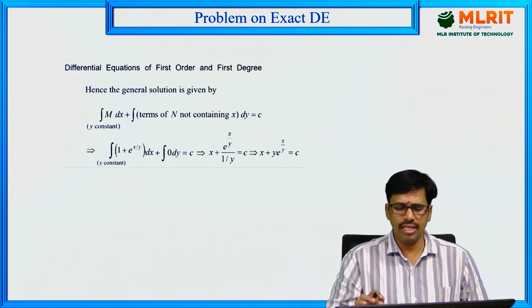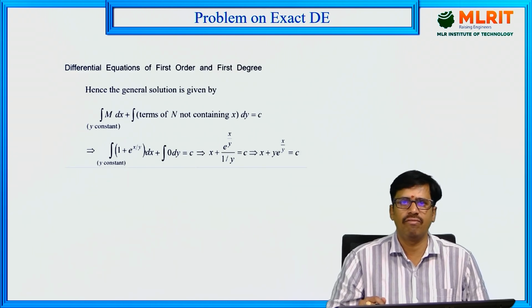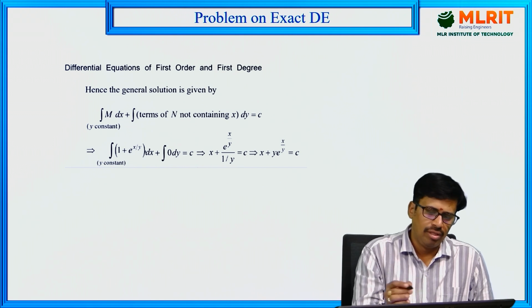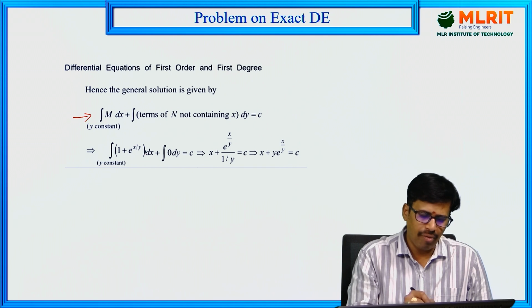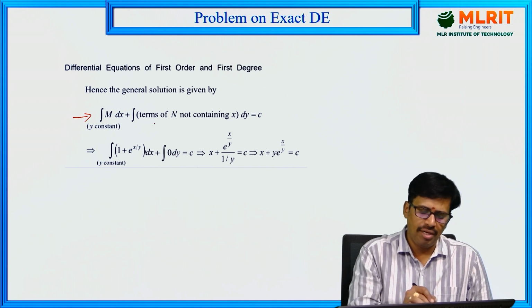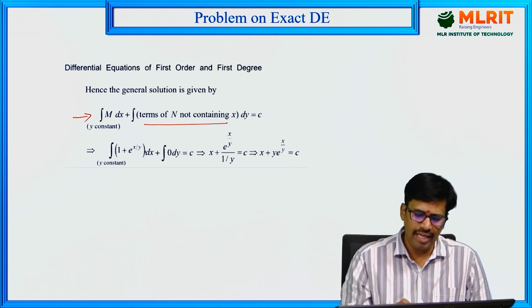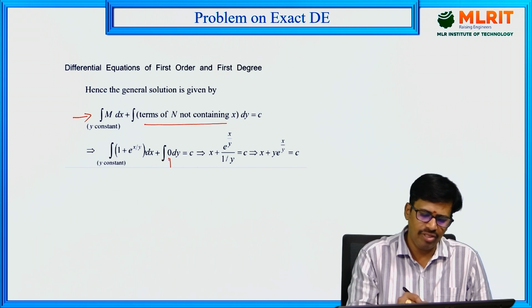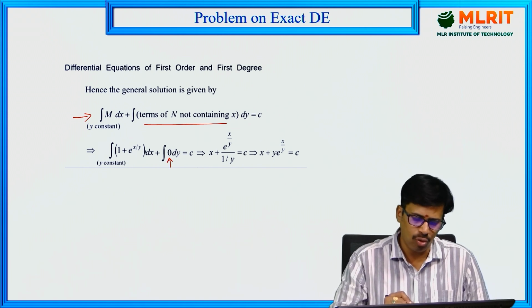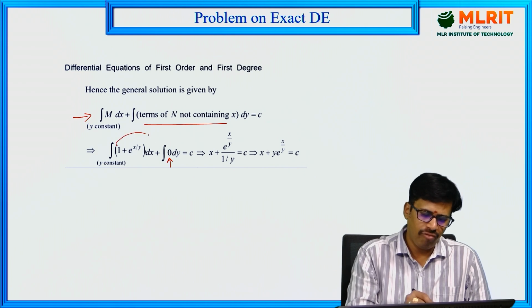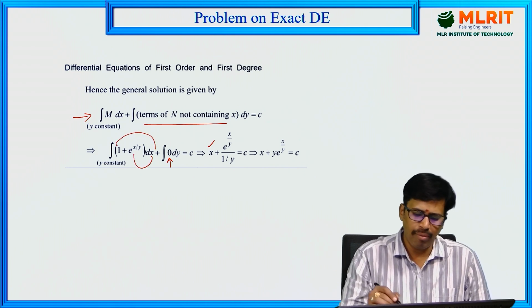Now let us see the general solution for this first order differential equation. You know this formula. So integration of 1 plus e power x by y dx plus terms in n not containing x. I don't find any term which is not containing x, so let us take it as 0. So integration of 1 into dx is x plus integration of e power x by y.